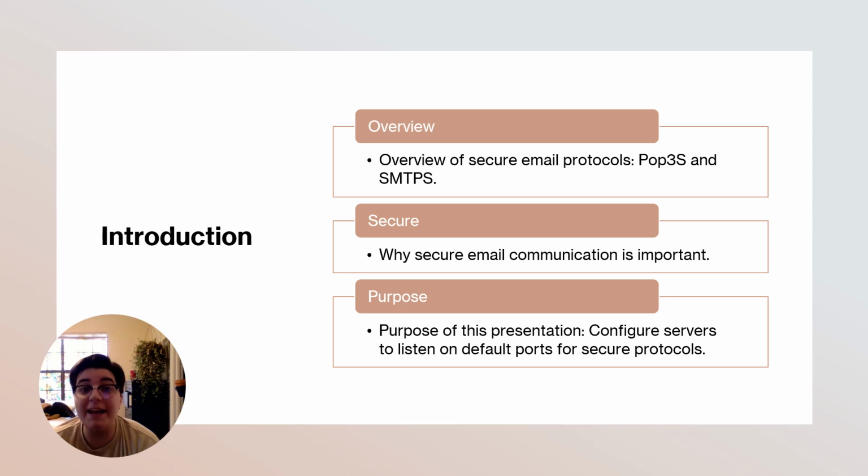This means that anyone intercepting the network traffic can read, steal, or even modify your email. Versions of these that are secure, POP3S and SMTPS, encrypt data using SSL or TLS. This prevents unauthorized access and tampering, protecting both the sender and the recipient.